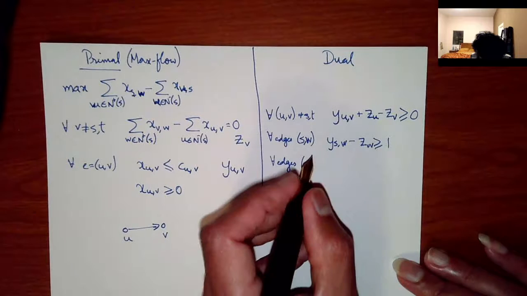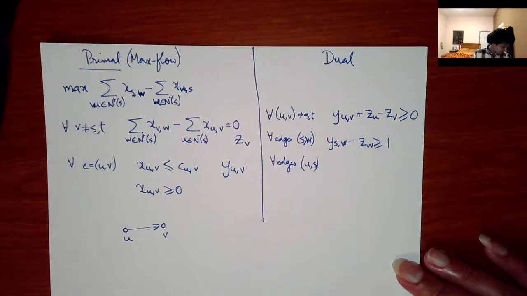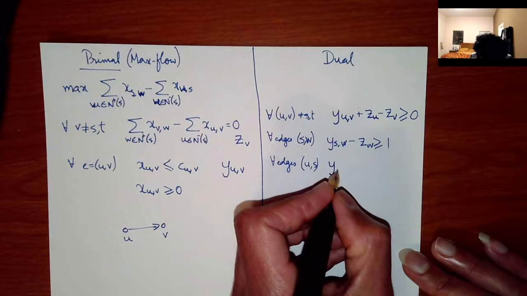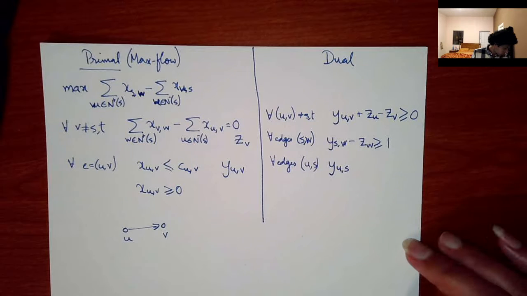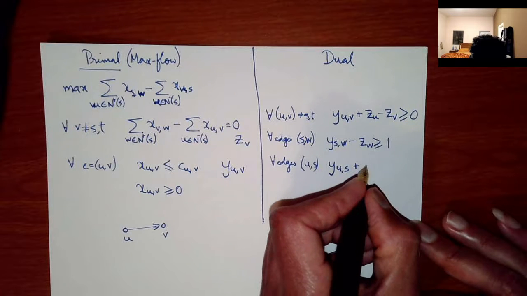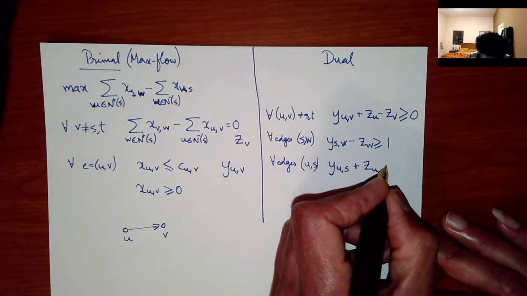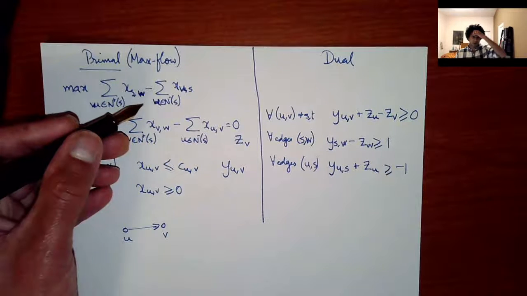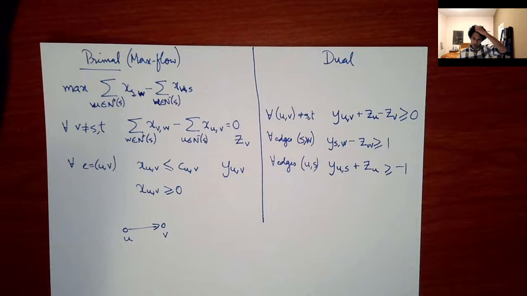For all edges of the form US, I'll get YUS plus ZU is greater than -1, and I get a -1 because it appears with a minus sign over there.